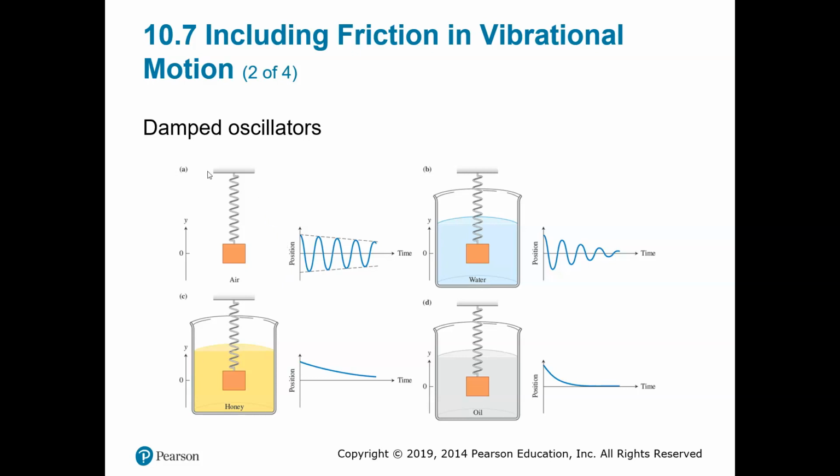So this is an example of damped oscillators. Basically, we have a mass on a spring and we can put it inside different materials, and what we find is that air slows down very gradually over time. If we put it in water, it slows down significantly faster. If we look at honey versus oil, you can see that it is coming to a stop fairly quickly.